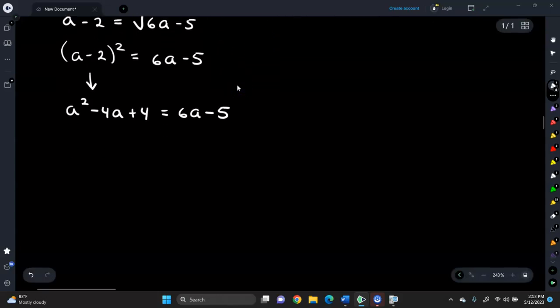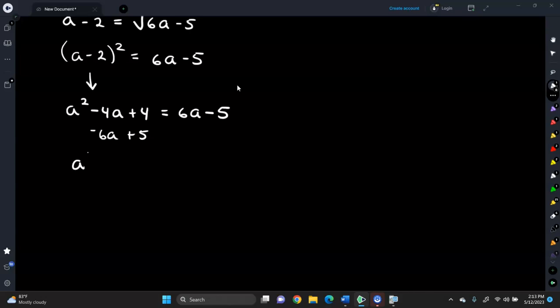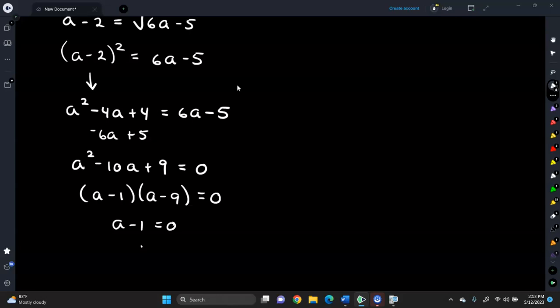Now we need to get it equal to 0, so we'll subtract 6a and add 5. So we get a squared minus 10a plus 9 equals 0. That gives me a minus 1 times a minus 9 equals 0. So a minus 1 equals 0, which means a equals 1. A minus 9 equals 0, which means a equals 9.